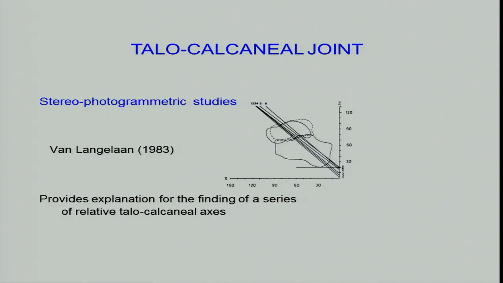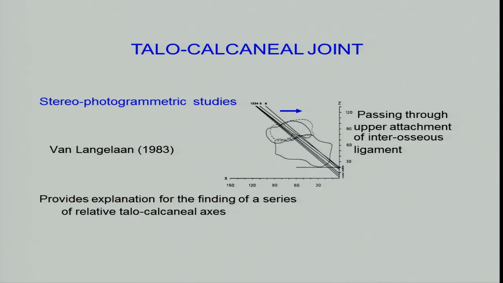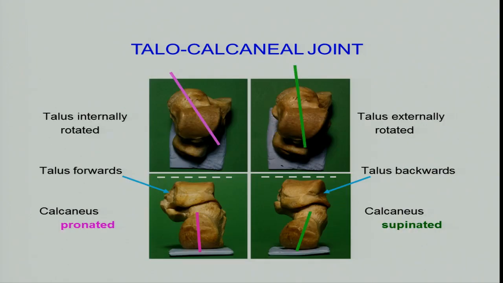And because it moves backwards, we get this series of relative talo-calcaneal joint axes, and they're all going through the upper attachment of the interosseous talo-calcaneal ligament. And that's just trying to show you how the talus externally rotates, and in the lower side, as the talus goes backwards, because it stays horizontal, the poor calcaneus is forced to undergo supination beneath it.